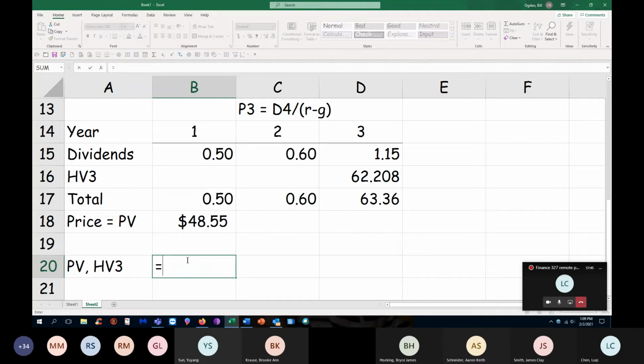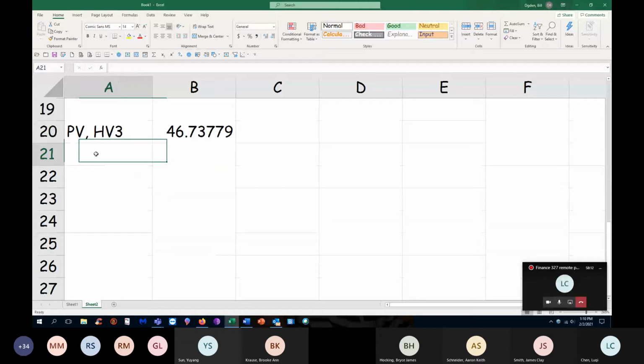So I'm going to say equals, I'll highlight this number and I'll divide it by 1.1, the traditional way, raised to the third power. All right, so let's see how that comes out. And then let's compare that to P0.